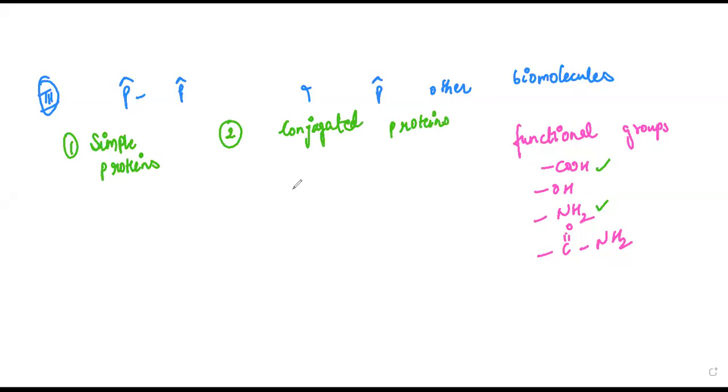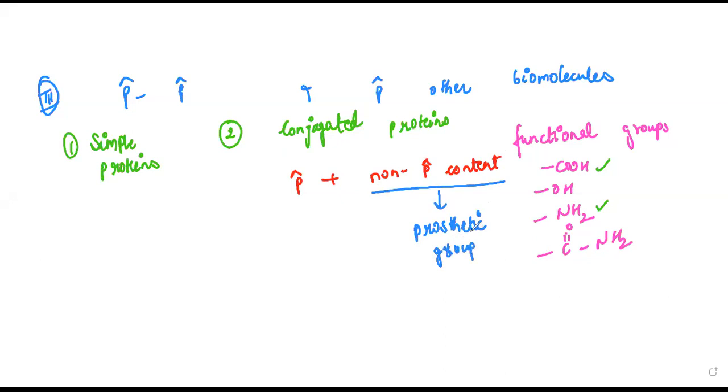Conjugated proteins consist of the proteinaceous part as well as a non-protein content, and that non-protein content is known as the prosthetic group. The non-protein content can be metal ions, carbohydrate, or even the phosphate group, and depending on this, they are named.